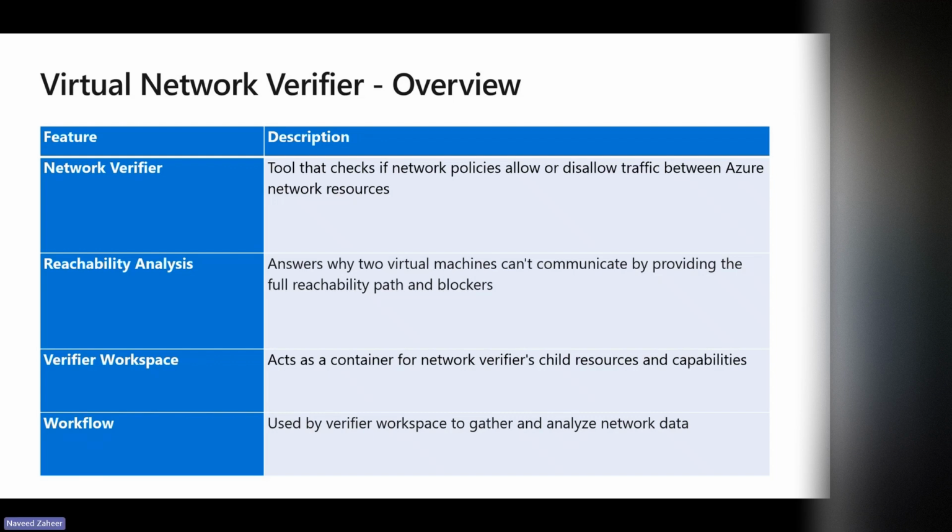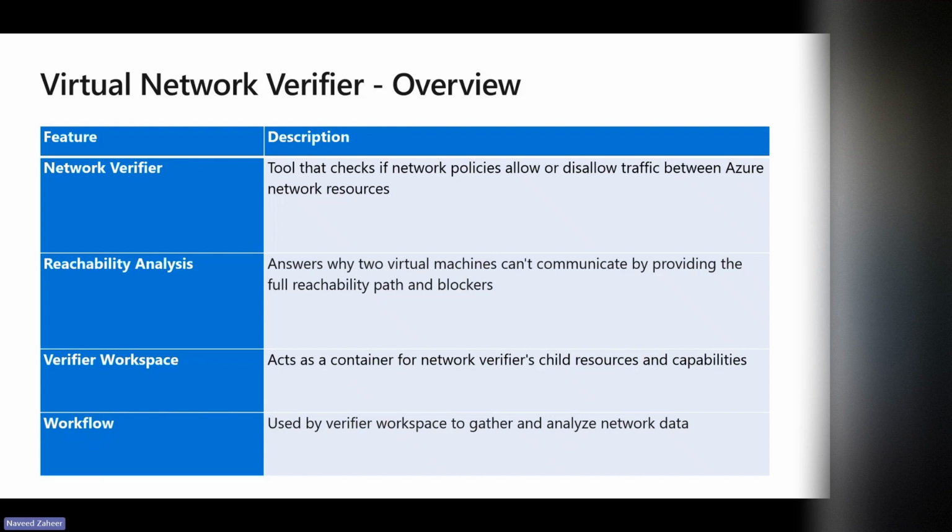Okay, what you can do is create a verifier workspace, which acts as a container, and then you can create your workflow, like I want to check traffic from public internet to this VM, or from public internet to this subnet or storage account. There are a number of things that it allows you to do, and that's very useful.